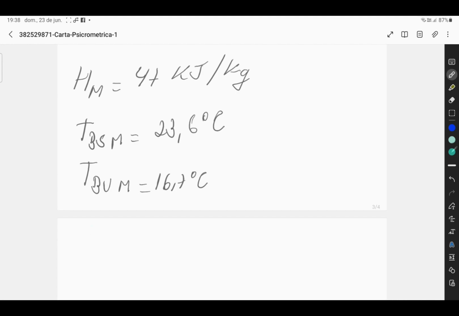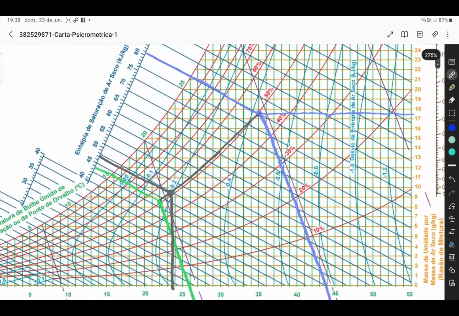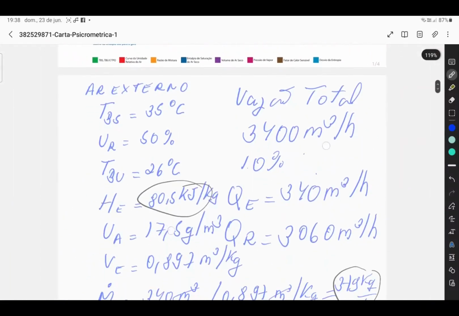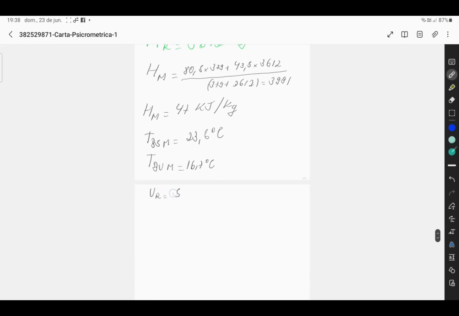What is my relative humidity? It's a straight line which takes off from the 50% curve, so it will be more or less 51%.